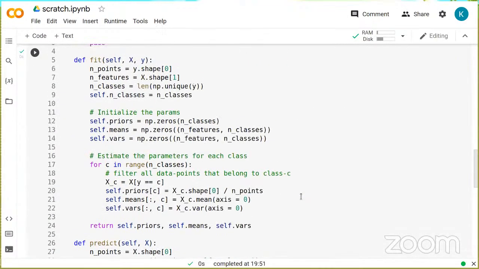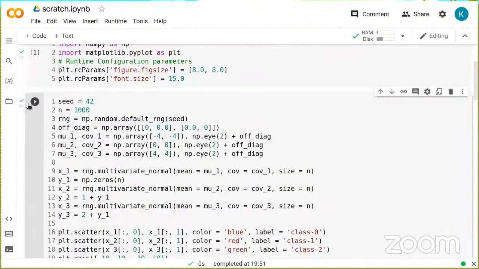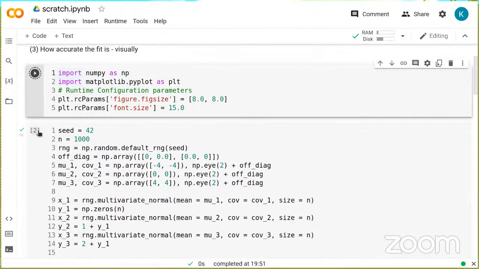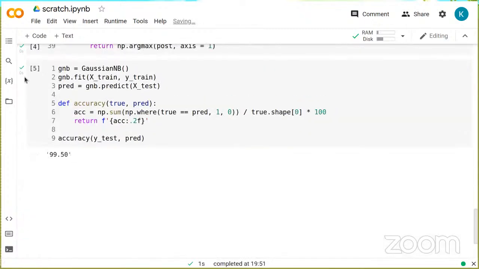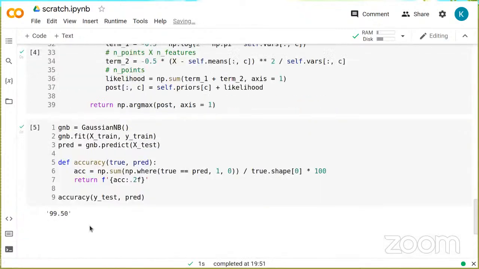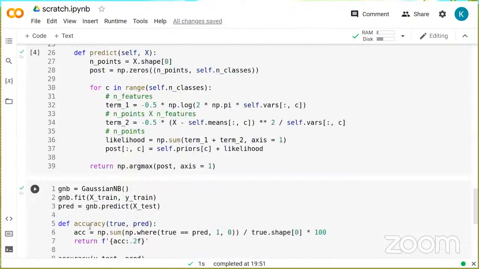Okay, so I think it works. Otherwise, it won't give us this kind of a result. Okay, so yeah, that is our code for Gaussian Naive Bayes that we have.